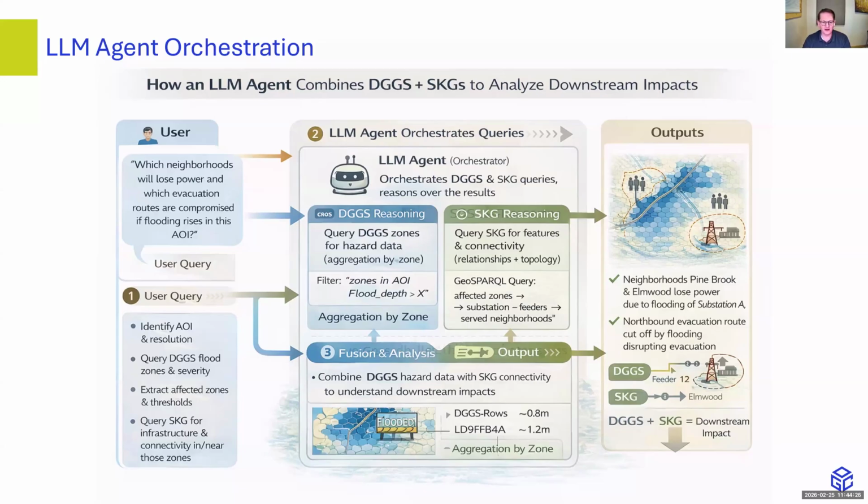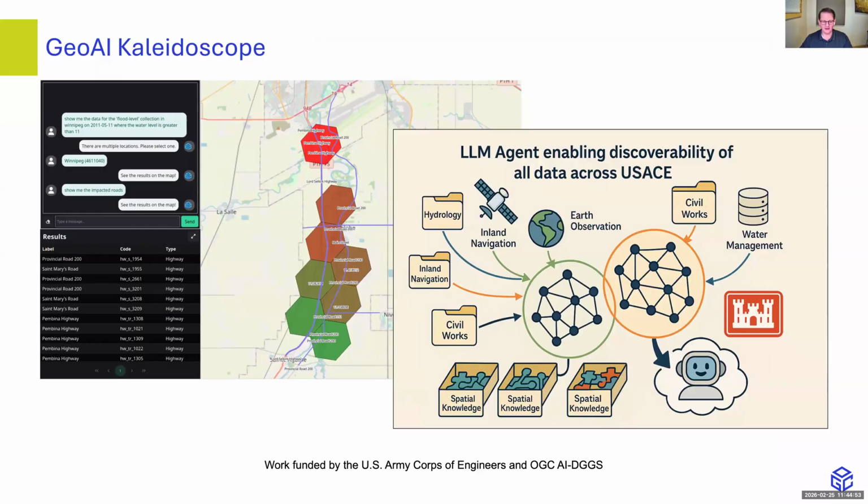And so by orchestrating, the agent knows that first we have to understand the area of interest. We then query the DGGS server that has the desired information. Then client side, we detect the overlap between what we call geo objects, or the nodes in the graph. And then from there, we can generate a GeoSPARQL query to understand that downstream impact.